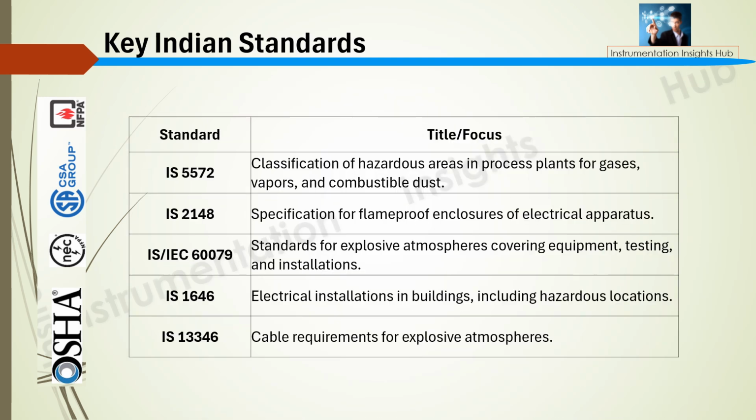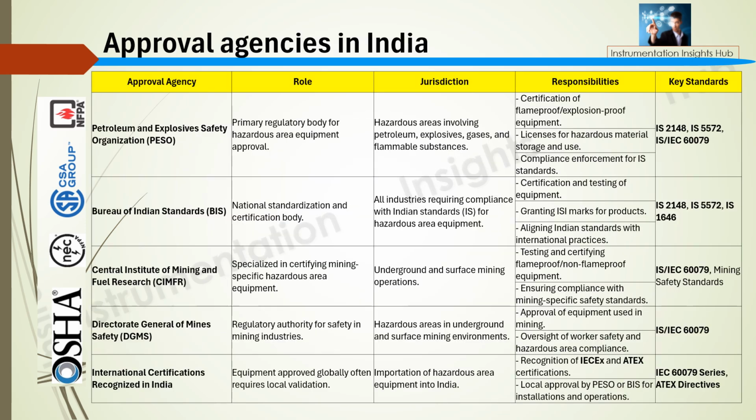Going to the next slide, these are some examples of key Indian standards: IS 5572, IS 2148, IS 60079, IS 1646, IS 13346. You can read the titles of these Indian standards, which are derived from ATEX and IEC, right? As already discussed, the approval agencies in India are PESO, BIS, and the Central Institute of Mining and Fuel Research.